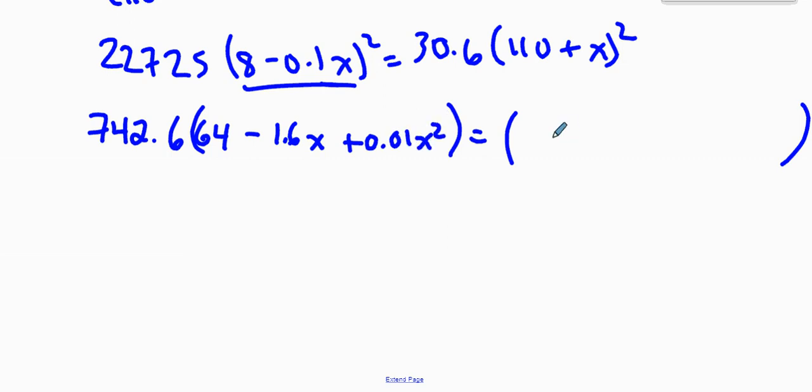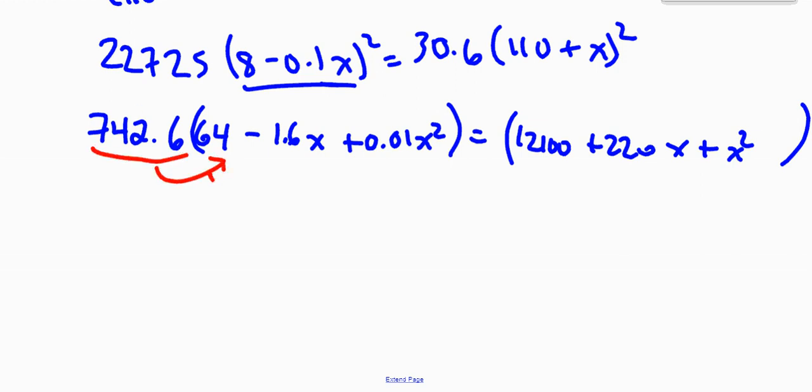So square the first, double the product, square the last, and then square the first, double the product, square the last, and then I'm going to expand by multiplying that in so that I can move everything to one side of the equation, and I'll have a quadratic.